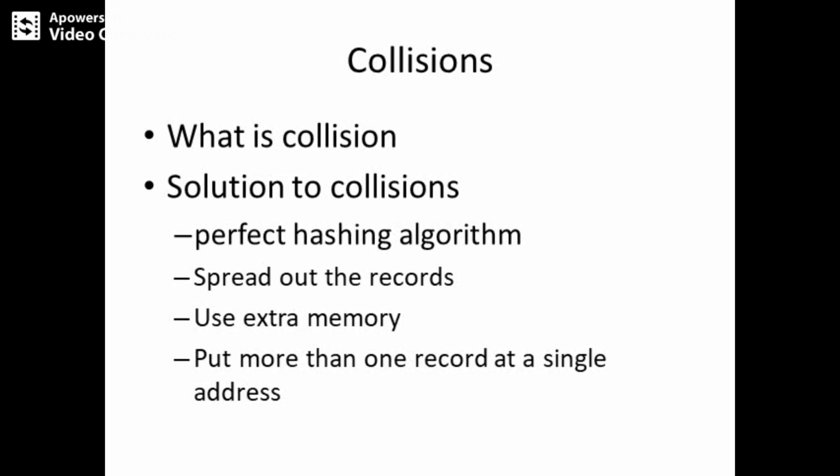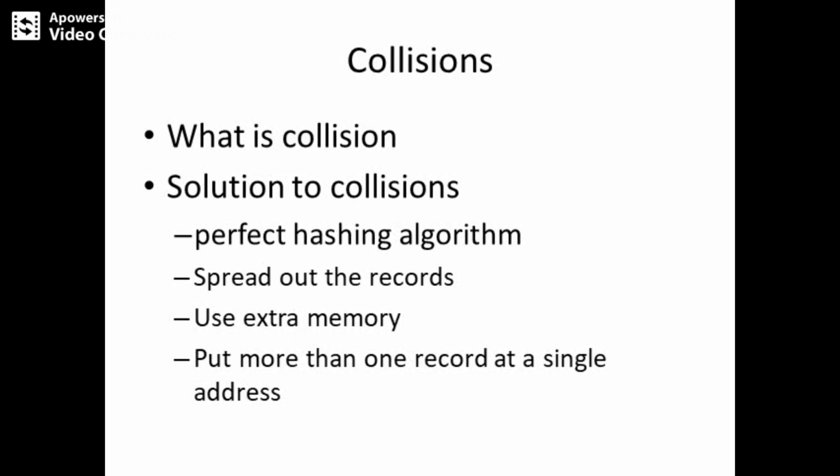So instead of that, we have the next option, we call it spread out the records. Your hashing algorithm should be such that it spreads out your records more randomly. That means your algorithm should support a way to spread out the records more randomly, and there is less collision in your algorithm.